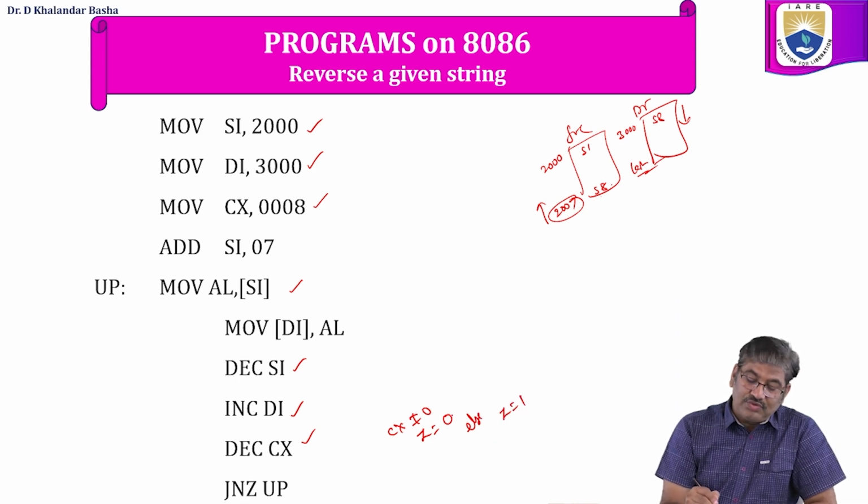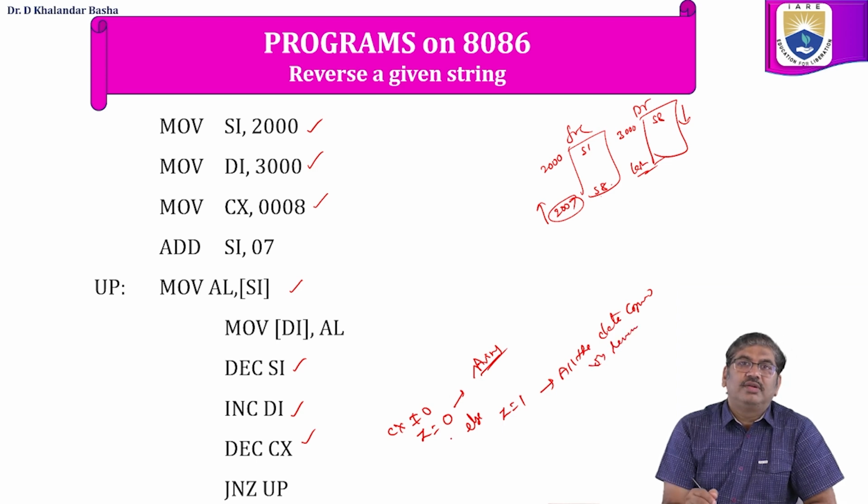The zero flag equal to 0 indicates the string is not completed, and the zero flag equal to 1 indicates all the data is copied, moved or reversed. Till that point, we keep looping.